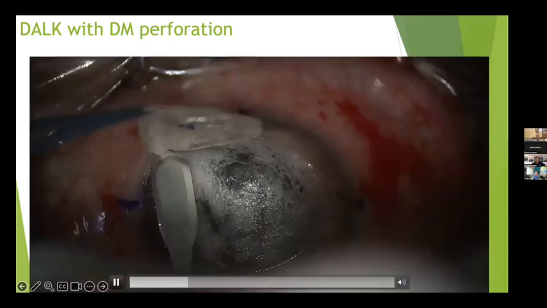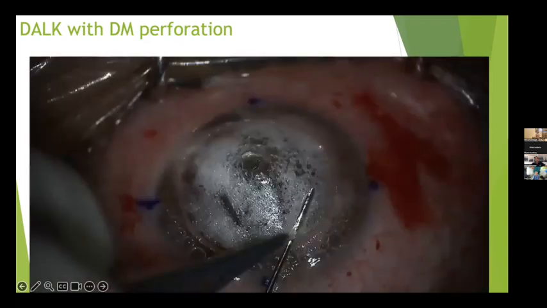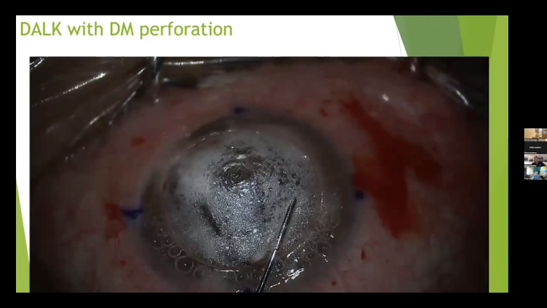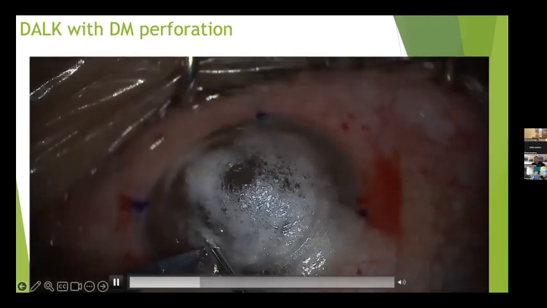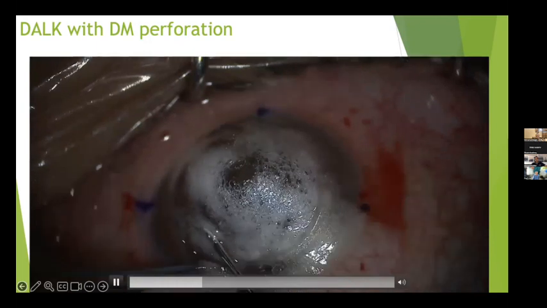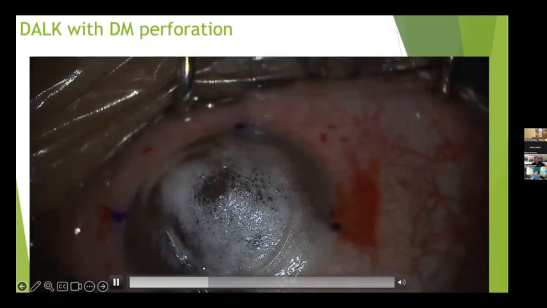So I decided to proceed in this with a manual dissection technique, which is essentially choosing one of a decent sized bubble of the stroma and opening the plane of that bubble, and then using manual dissection instruments to reach that plane.